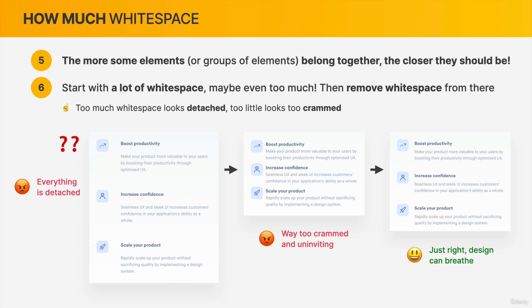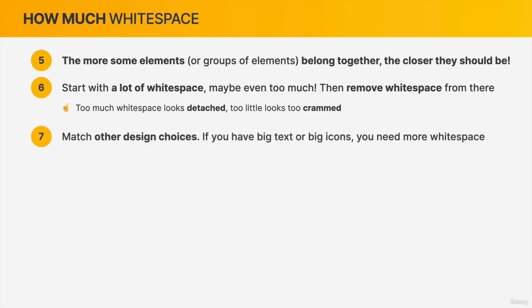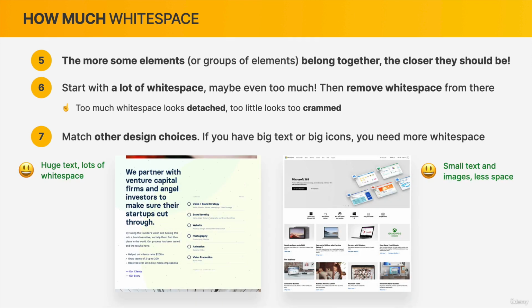And next, another guideline that might help you choose just the right amount of white space for your design is that you should try to match all the other design choices when it comes to white space. So for example, if you have big text or big icons, then you will need more white space. So just like in this first example, here the text is huge, and so we see there is actually a lot of blank space on this page, and also between the groups of elements, there is quite some white space there.